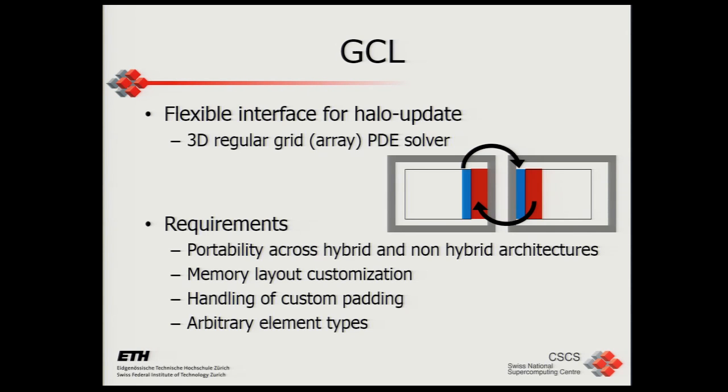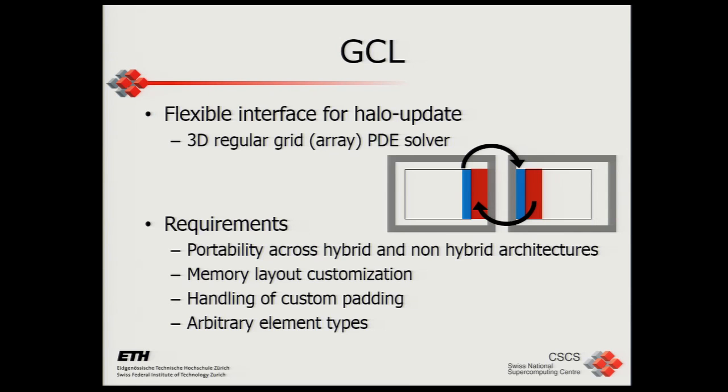We have additional requirements and constraints. The idea is that this code should work on hybrid architectures, so CPU and GPUs, and should allow us to customize the memory layout, since GPU and CPU might have different best layouts for a given application. We also have to handle custom padding on the dimensions because of alignment issues that you can have on the GPUs and on the CPUs.